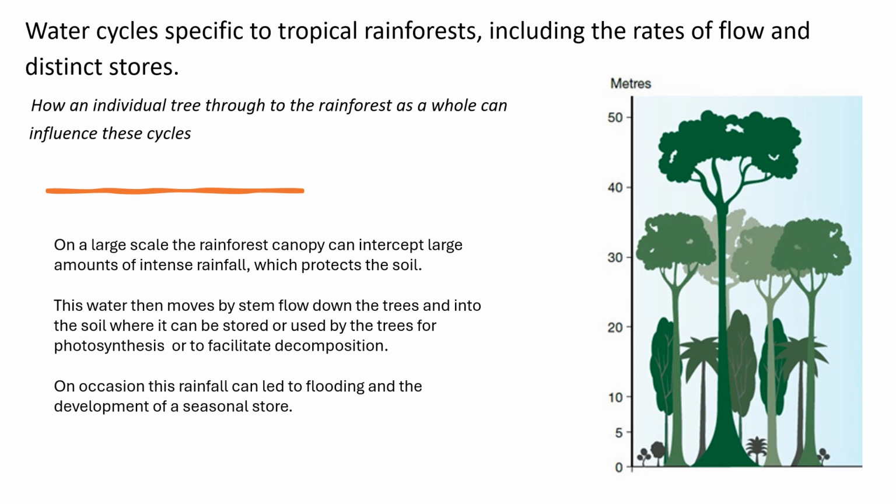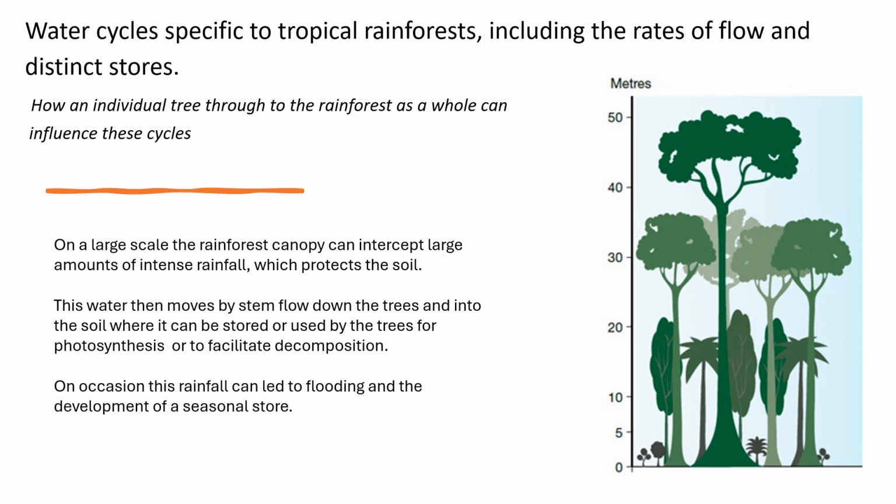And that's good for the soil, because this is heavy, intense rainfall. If it did hit the soil, that soil could easily be washed away. So this canopy that intercepts the rainfall acts like a barrier and protects the soil beneath it. It protects the plants beneath it, which are a bit more sensitive potentially, as they are more juvenile.